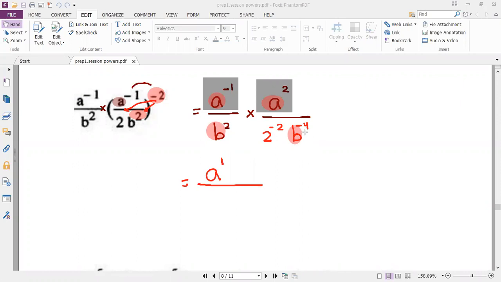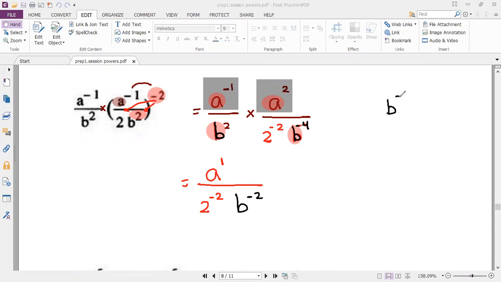They are like bases. What about 2 to the power of -2? Write 2 to the power of negative 2 as it. But when it comes to b, we have b here raised to the power of 2 multiplied by b raised to the power of negative 4. So write b and then add powers here: 2 plus negative 4 equals negative 2.